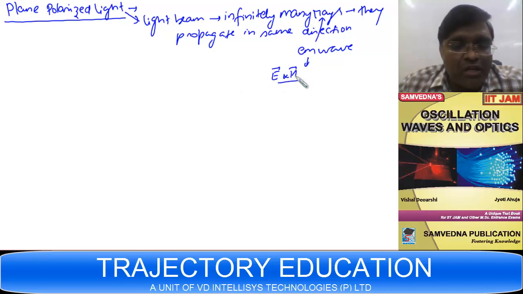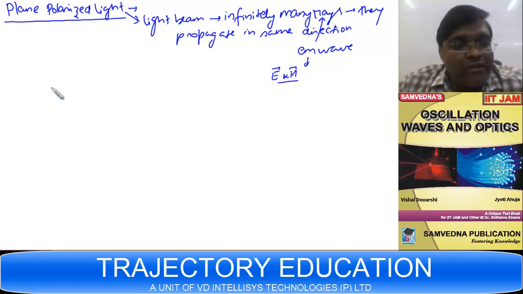So E and H are dependent on each other, right? So it's enough to describe an EM wave by one of the vectors, because once you write one of the vectors, the other vector is determined using the Maxwell equations that we have seen. It is enough to write only one vector, the other vector gets specified.